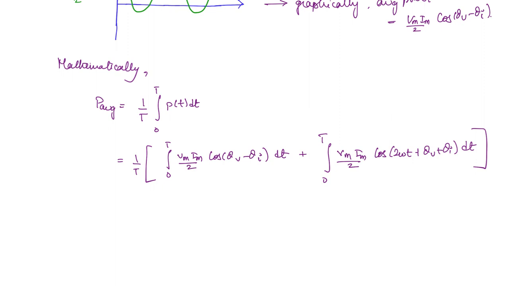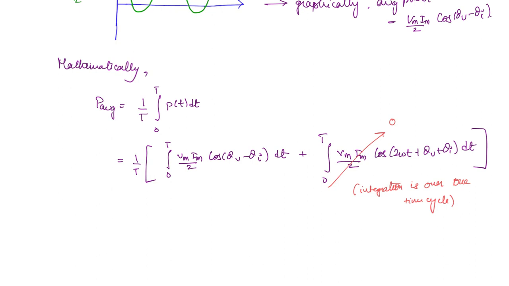You can see that this is a constant term while this is a sinusoidally varying function. Now a sinusoidal function, if you are integrating over one time period, then what will happen? It will become 0, because integration is over one time cycle. So only one term will be left out, that is the first term.